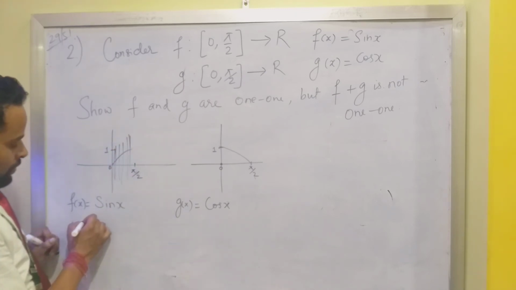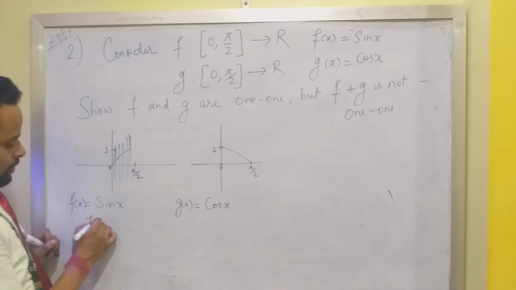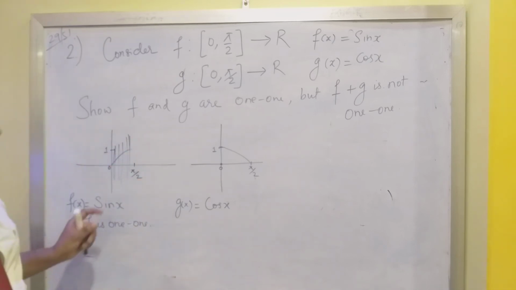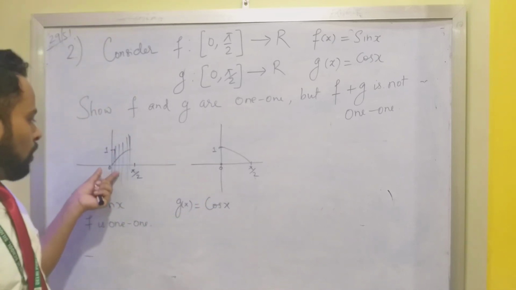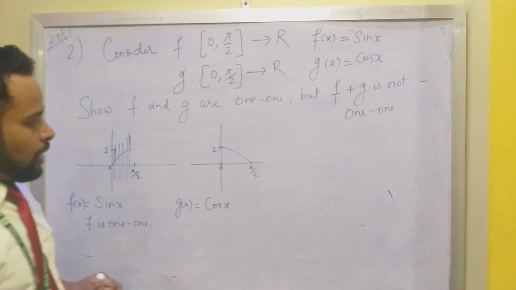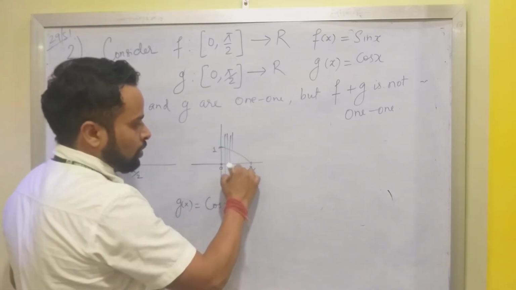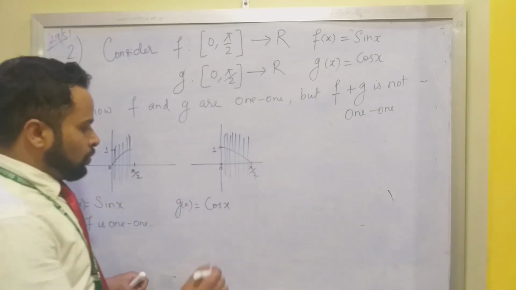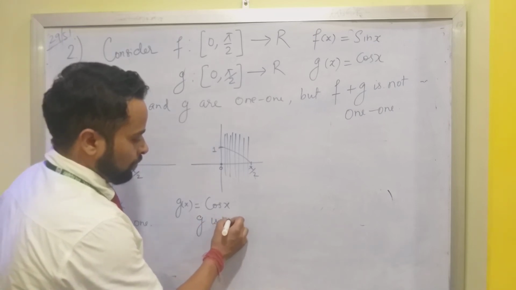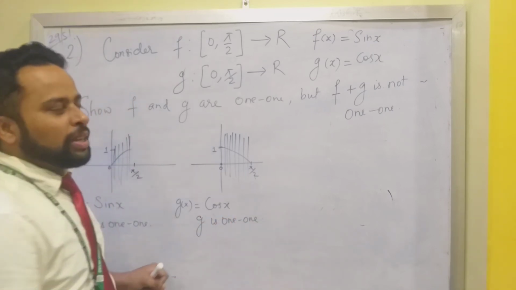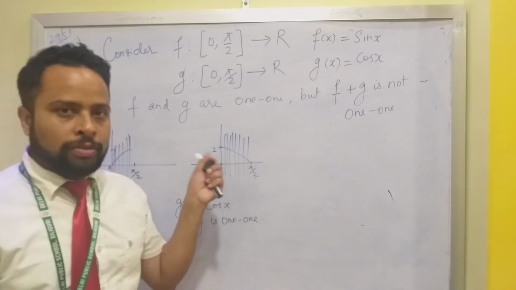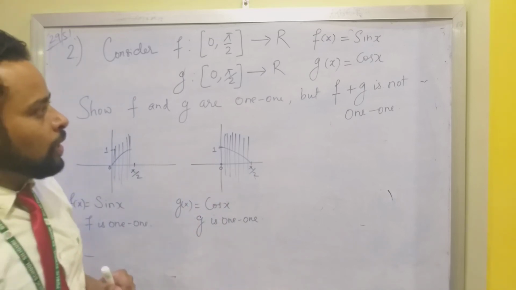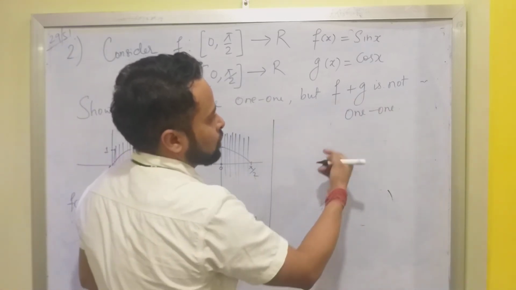So f is one-one. The same goes for g: if I draw parallel lines, they intersect at only one point. G is one-one. Instead of doing f of x1 equals f of x2, this is an easier method to show it. Now I need to check that f plus g is not one-one.